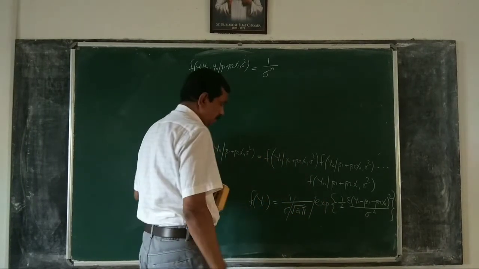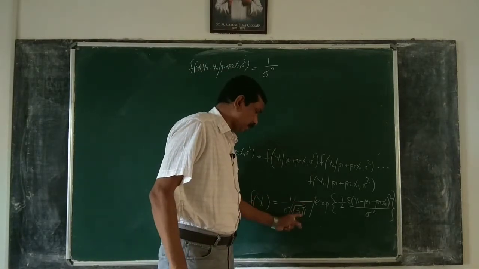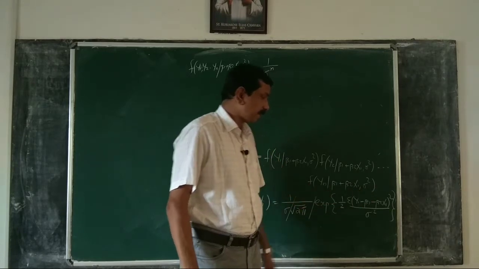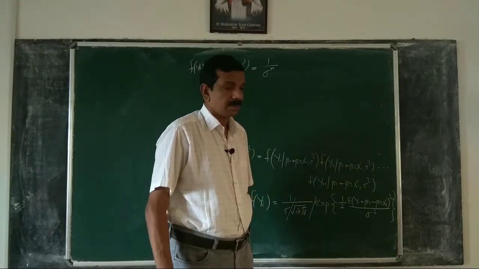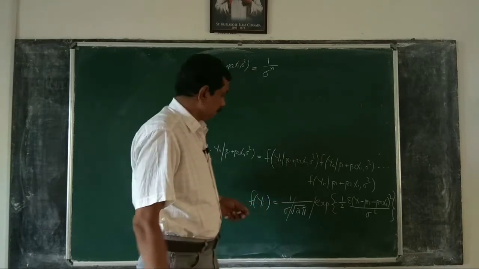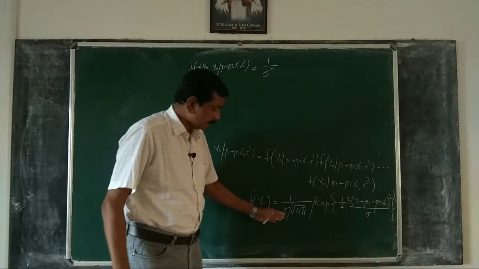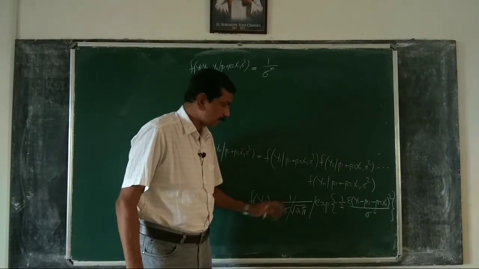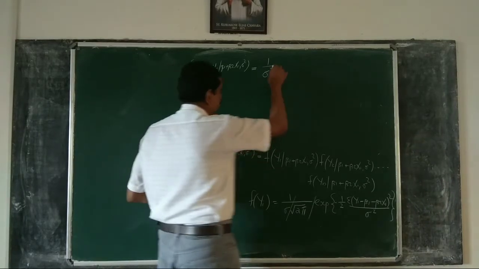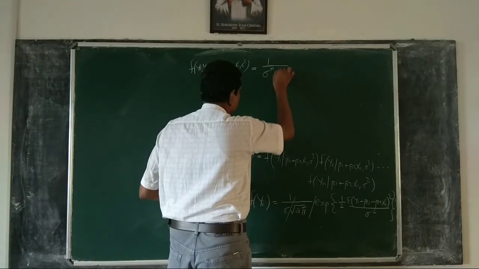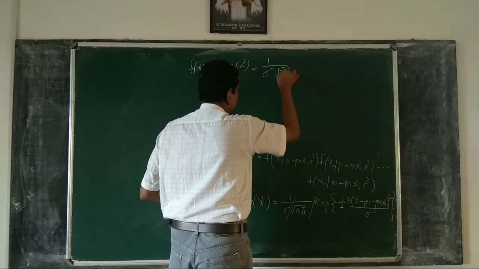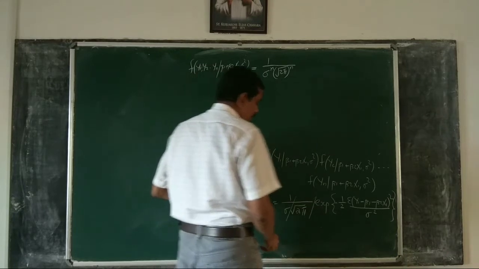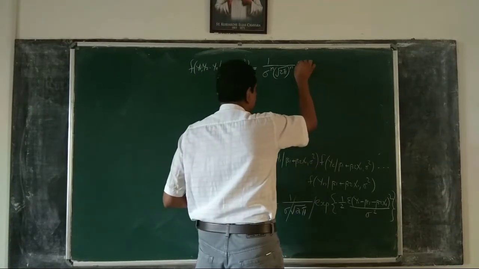First term 1 by sigma, second term 1 by root 2 pi, the third term is exp of minus half into (Yi minus beta 1 minus beta 2 Xi) whole square by sigma square. Now, 1 by sigma into 1 by sigma, etc. n times, is 1 by sigma raised to n. Then root 2 pi n times, raised to n. Then the exponential.